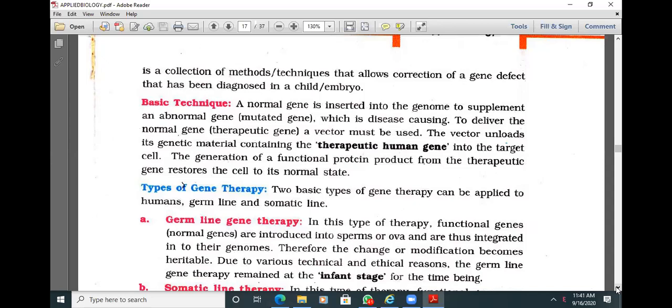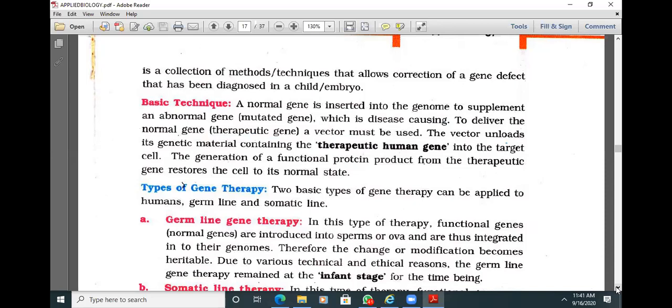Let us read in the ADA angle. A normal ADA gene is inserted into the genome of the patient to supplement an abnormal, mutated ADA gene, which is causing a disease called severe combined immunodeficiency syndrome. I am replacing that defective gene. To deliver the normal ADA gene, the therapeutic gene, we are using vectors.